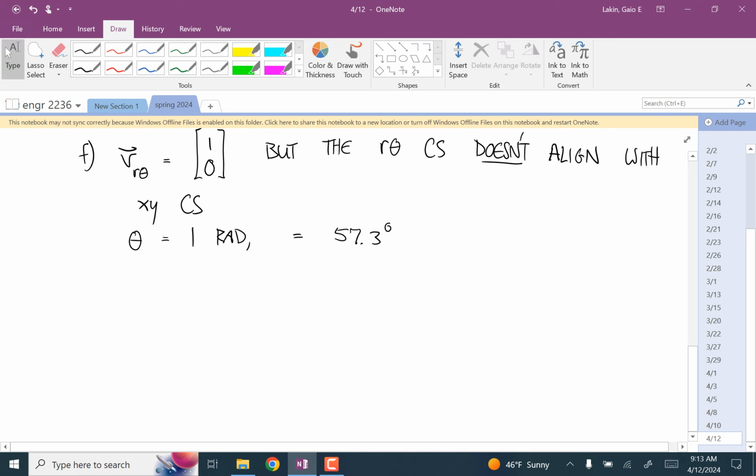Okay, so this is the r axis, and this is the theta axis. And we want to express this velocity vector in that red coordinate system.